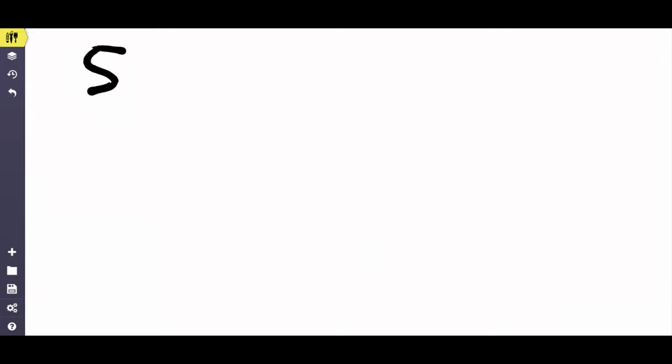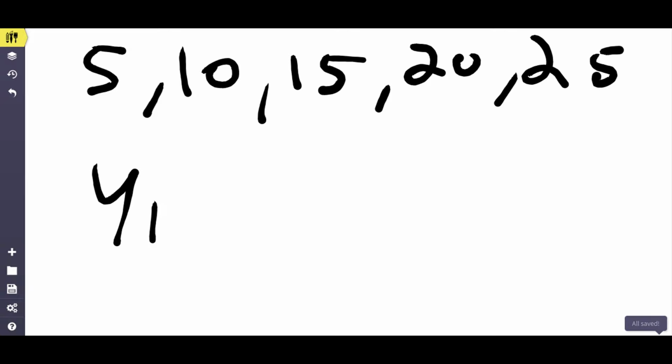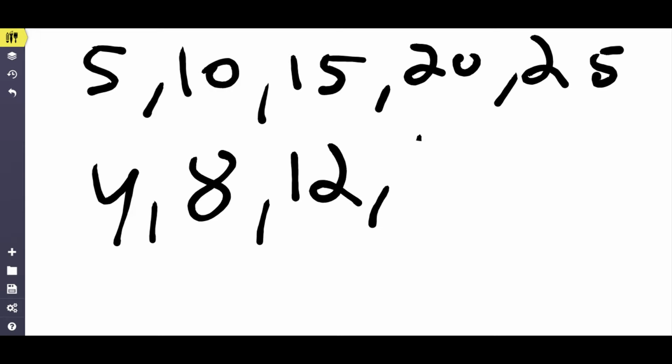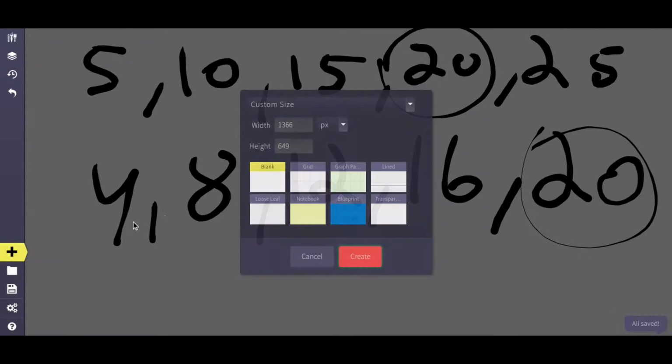The multiples of 5 are 10, 15, 20, 25. And for 4, it's 8, 12, 16, and 20. And you can see there's already one here. 20 will be the denominator.